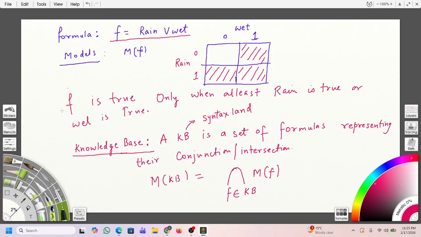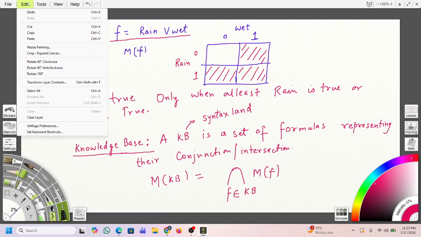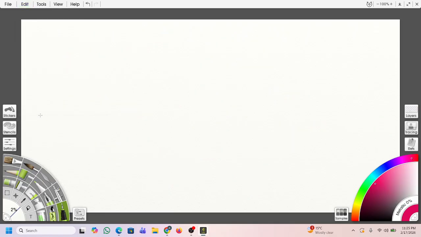One statement is that KB specifies constraints on the world, and this we will see with an example.